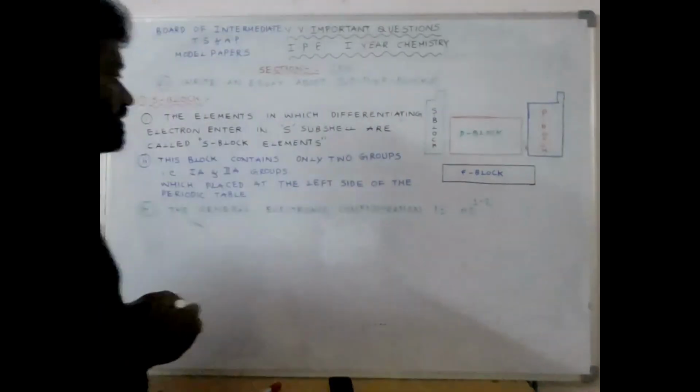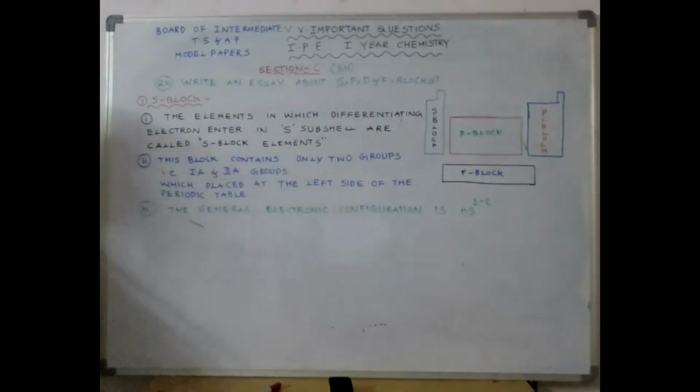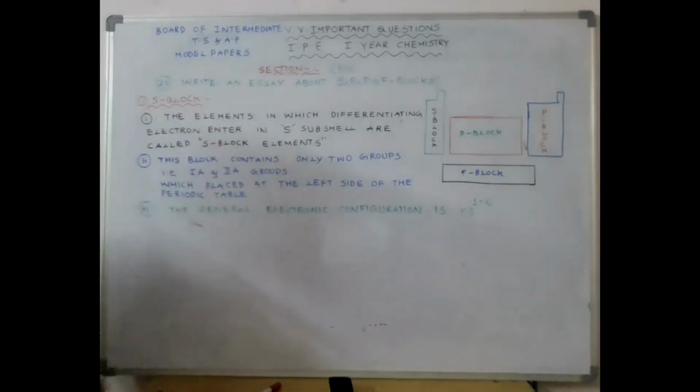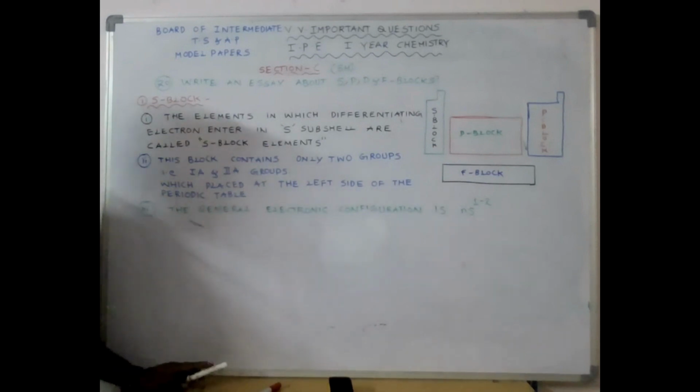That's it. In ns, that S orbital contains either one electron or two electrons. That is why we call them S block elements. So the general electronic configuration of S block elements is ns1, 2.